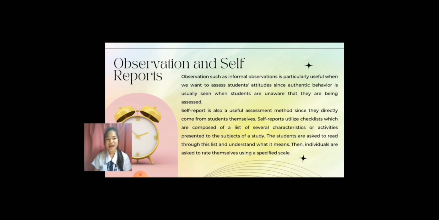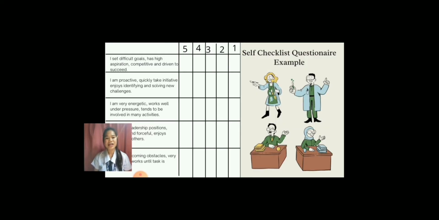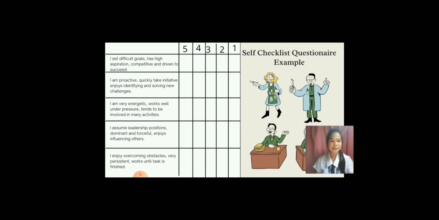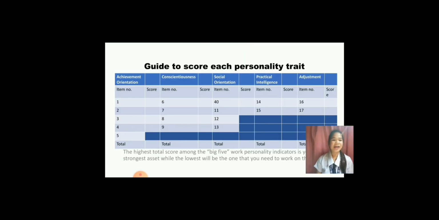The students are asked to read through this list and understand what it means. Then individuals are asked to rate themselves using a specified scale. Here is an example of a self-report checklist. And here is a guide to score each personality trait.